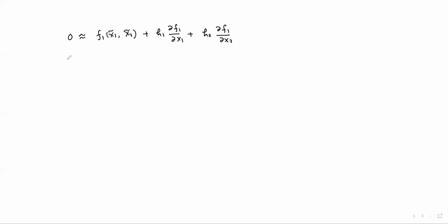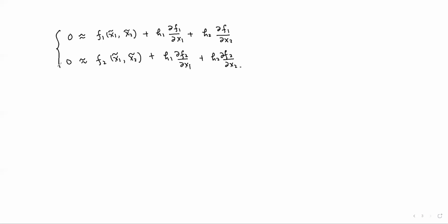And the second equation is 0 roughly equal to F2(x1 tilde, x2 tilde) plus h1 partial f2 partial x1 plus h2 partial f2 partial x2.